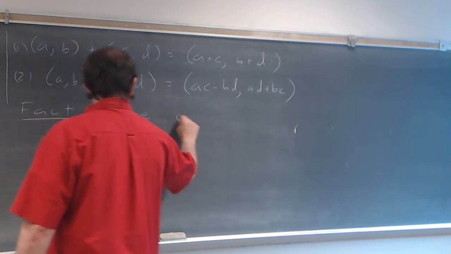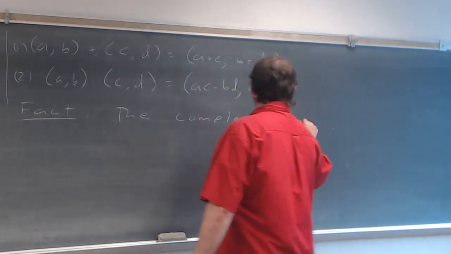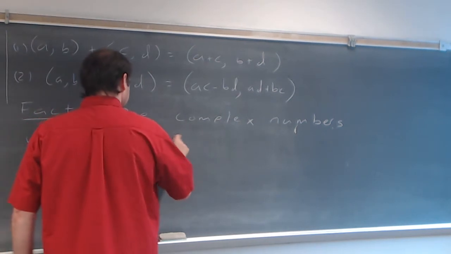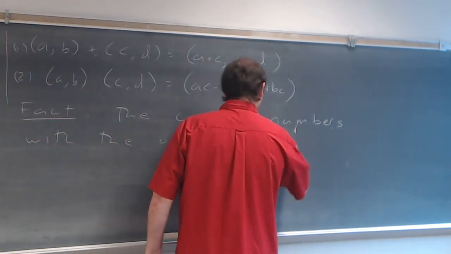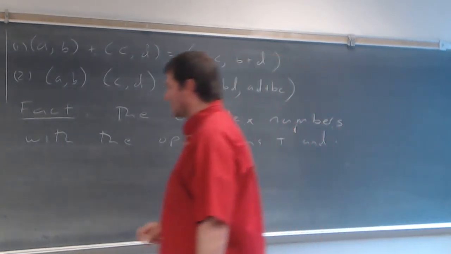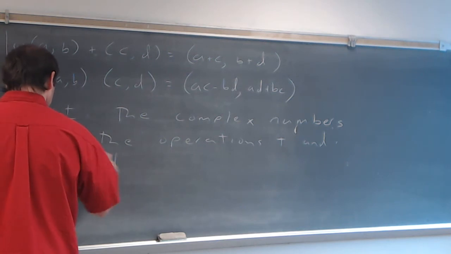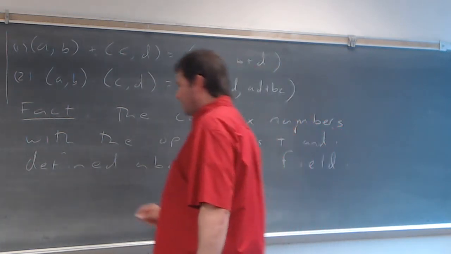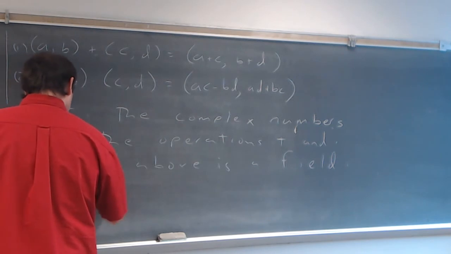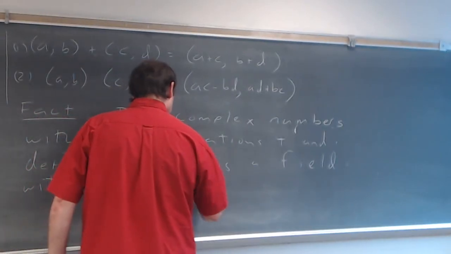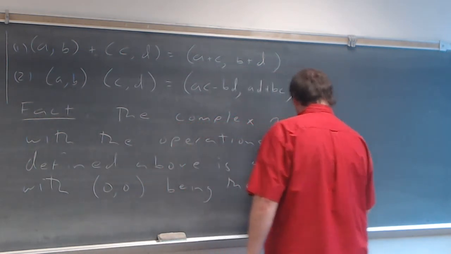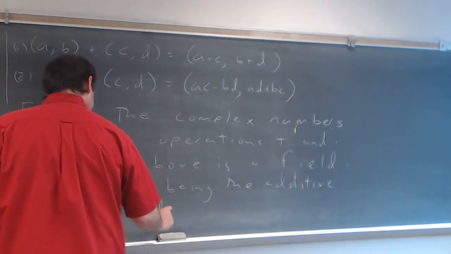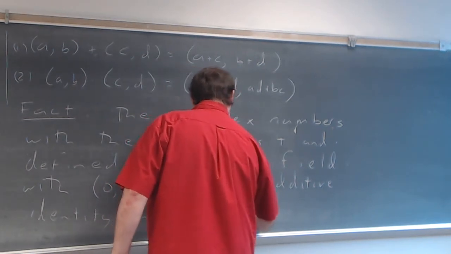It says the complex numbers with the operations plus and multiplication defined above is a field with (0, 0) being the additive identity, and (1, 0) being the multiplicative identity.